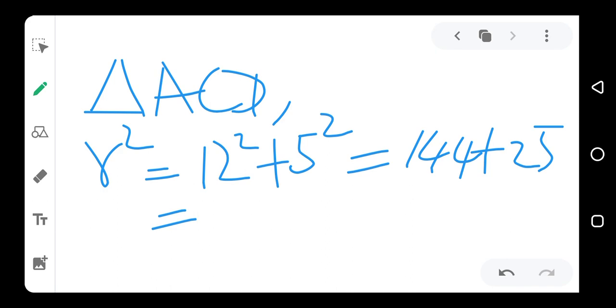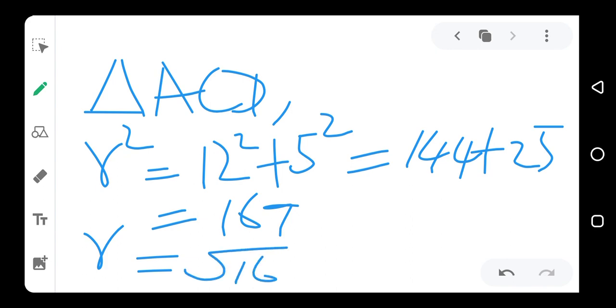This will give us 169. Okay, and R now is equal to root 169. Let me just divide, get the root straight. It's going to give us 13. So the answer for this is 13.